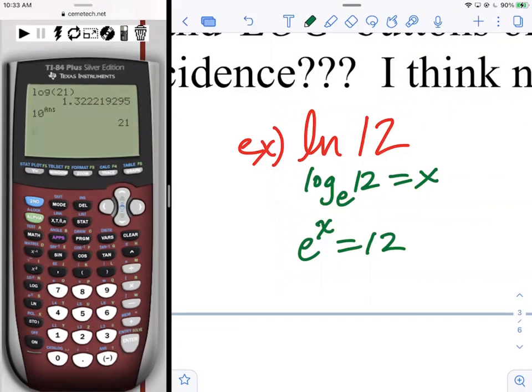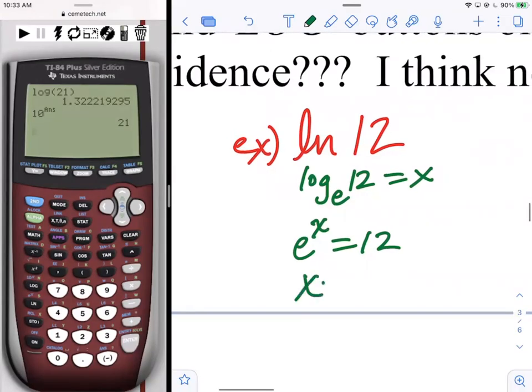So 3 to the first is 3. It's too small. 3 squared is 9. It's still too small. 3 cubed is 27. Now that's too big. So I know that x has to be approximately 2 point something.